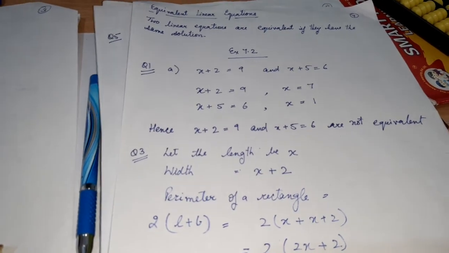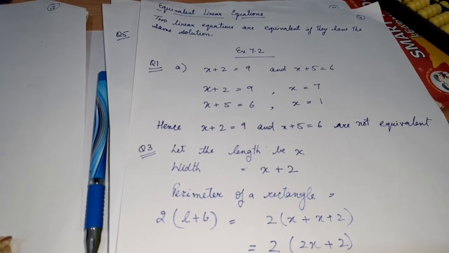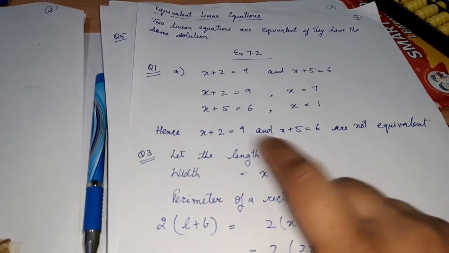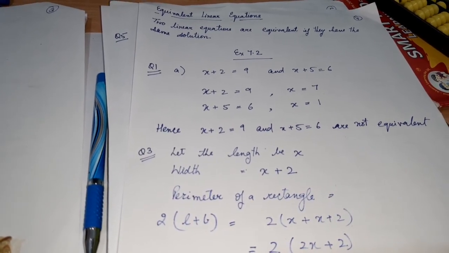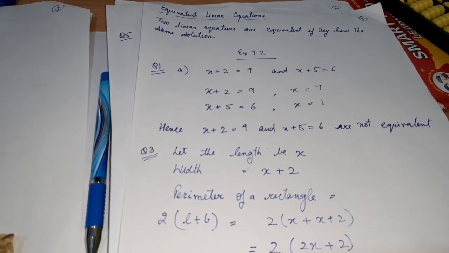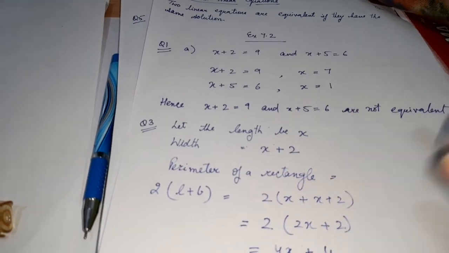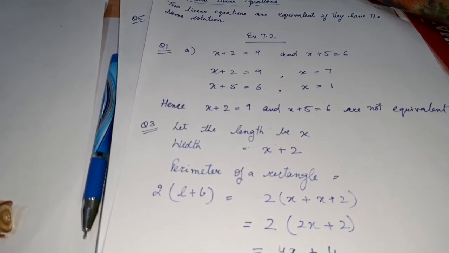So whenever we are given a question in algebraic expression, when the quantity is unknown, we will first see what the unknown quantity is and we will take it as x. So the length be x and the width is x plus 2, because they are consecutive odd integers. We have done x plus 2 because consecutive odd numbers always occur at a difference of 2, like 1, 3, 5, 7.